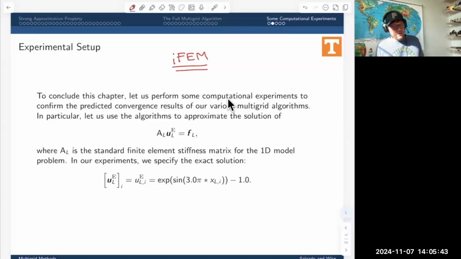And this one will be in multiple space dimensions and using some interesting meshes. But before we get to that, we're just going to rely on these computational results in 2D, or sorry, 1D.